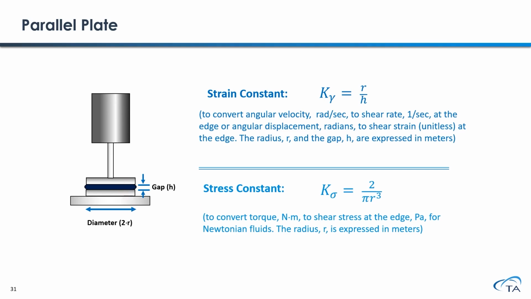The commonly used measurement gap in parallel plate testing varies from 0.5 mm all the way to 2 mm, depending on the viscosity of your sample. A parallel plate geometry can be used to measure samples from low viscosity liquid, semi-solid, soft gels, all the way to solid material.